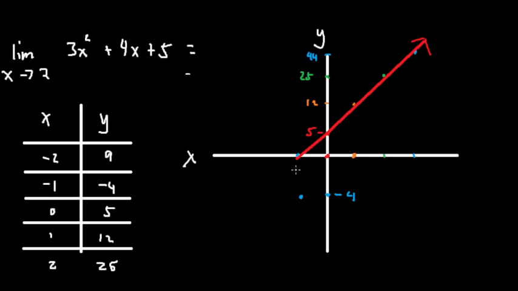So let us plot. Let's say nandito yung negative 2. So where will our 9 be located? So assume natin nandito lang. Barely above 5. Ayan. So nandito. Lagyan natin 9. So andito lang siya. Ayan.